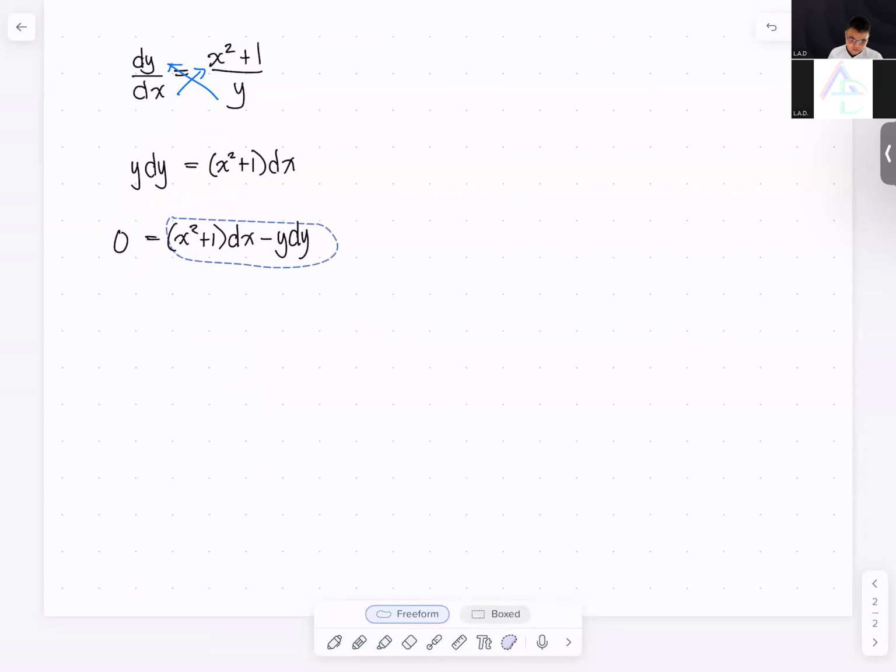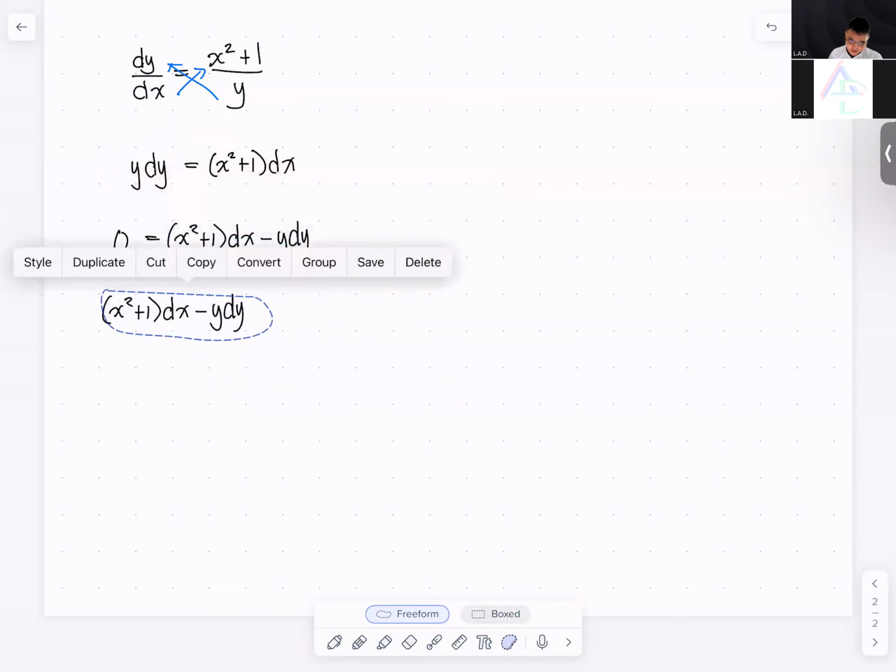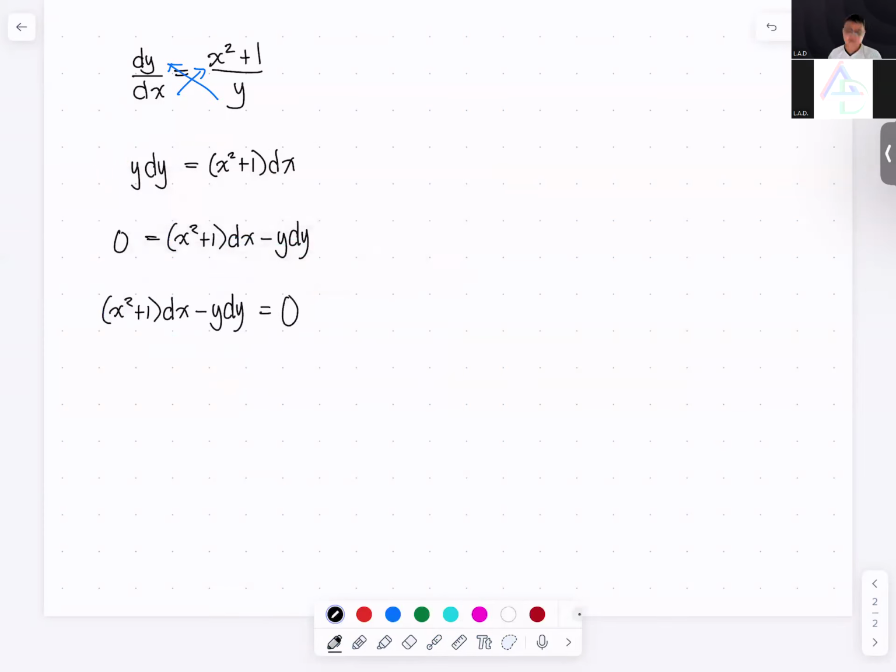So actually, we just have to copy this, then equal to 0. With that, we already have the form of the differential equation that we want. This is f of x dx minus g of y dy, equal to 0.